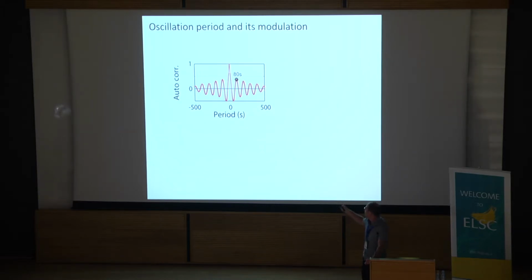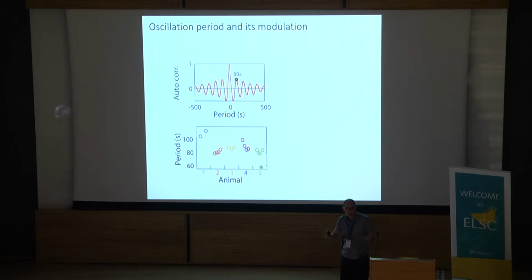The cycle is very fast. So this is the autocorrelation function. It's about 80 seconds. I remind you, in humans, it's 1.5 hours. It's temperature dependent, which is really interesting because the whole system scales up and down with temperature. So we usually work with 27 degrees, where it's 80 seconds.